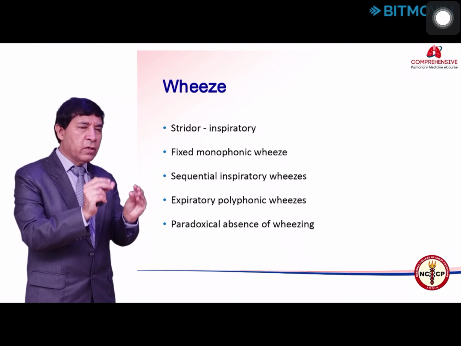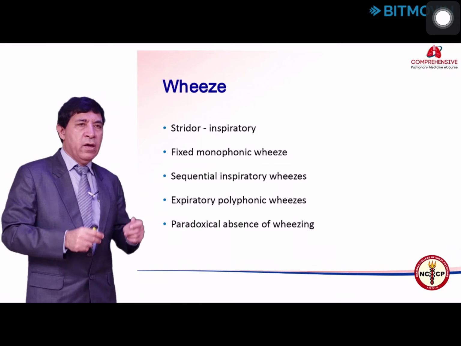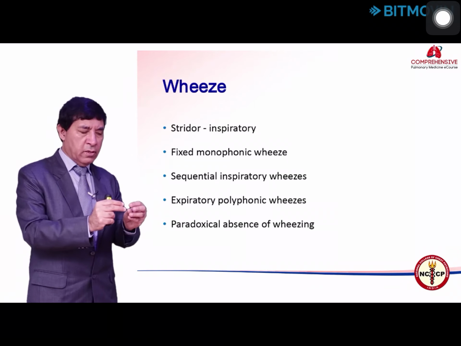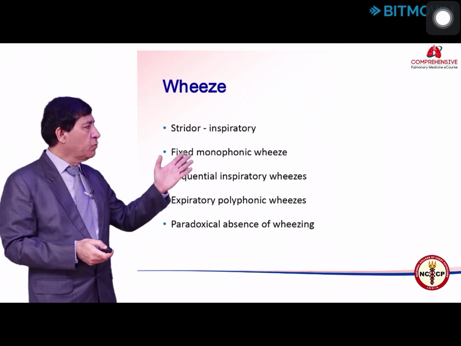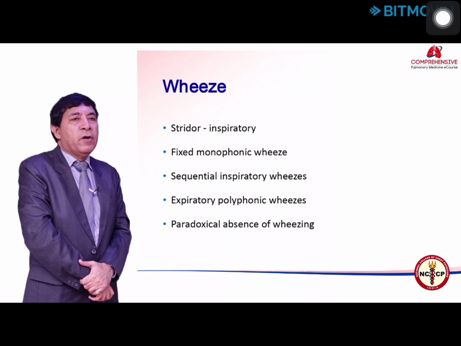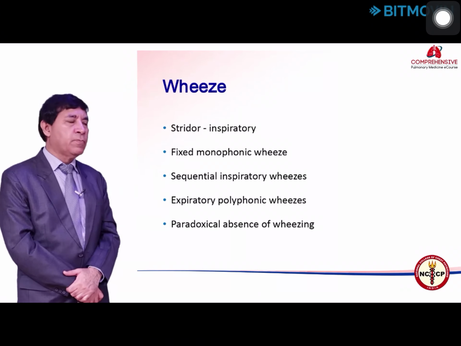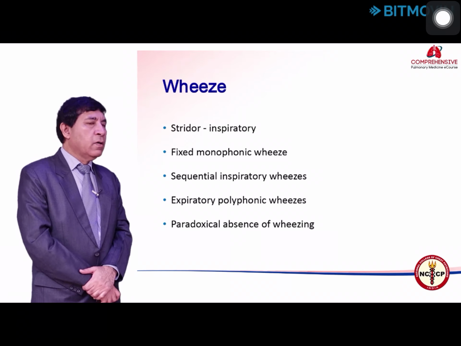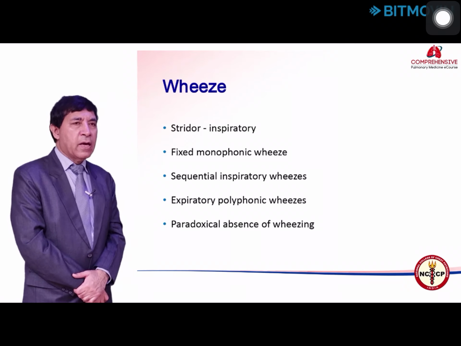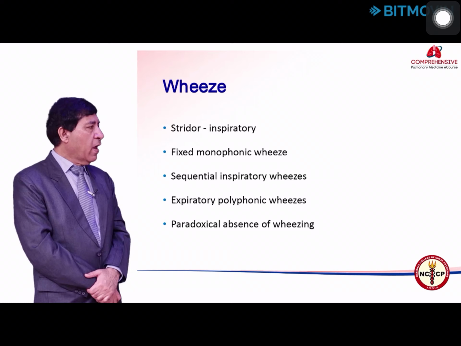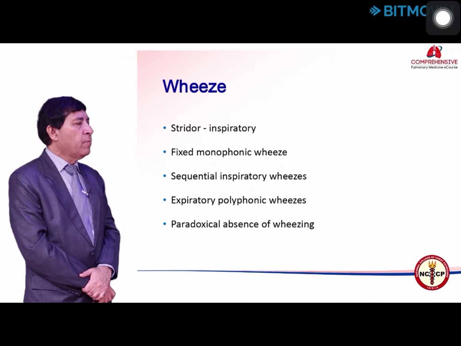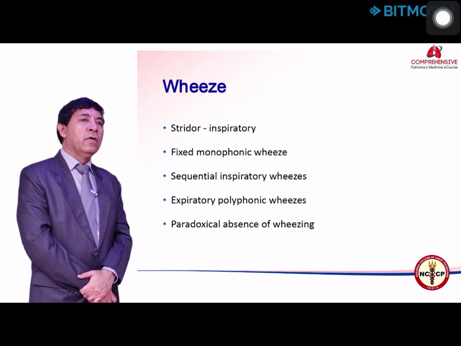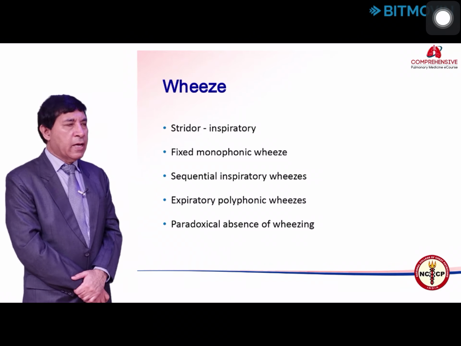It results in the closure of the smaller airways, and when this patient breathes during inspiration, these closed airways may open up one by one and produce what we call sequential inspiratory wheezes. So when you have sequential inspiratory wheezes, it may indicate diffuse parenchymal lung disease with extensive fibrosis and loss of lung volume. And then we have expiratory polyphonic wheeze, as I mentioned to you, seen in diffuse airflow obstruction like asthma and COPD.